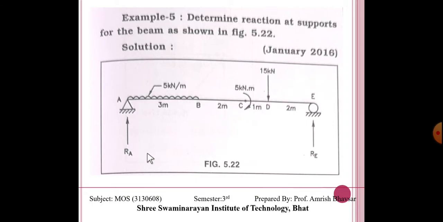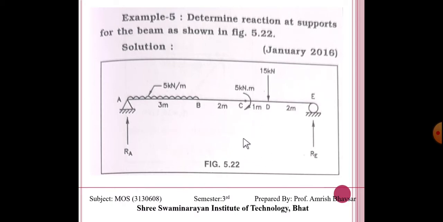So, due to this support we have two reactions, one vertical and one horizontal, but here there is no horizontal load. So HA is equal to 0, and we can directly take the vertical reaction only.